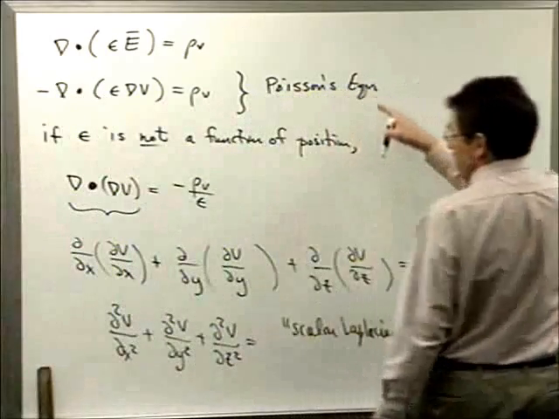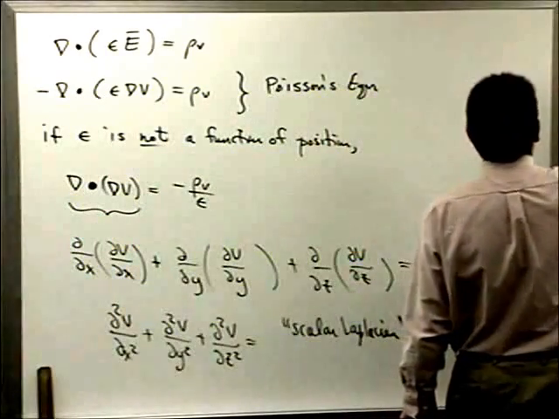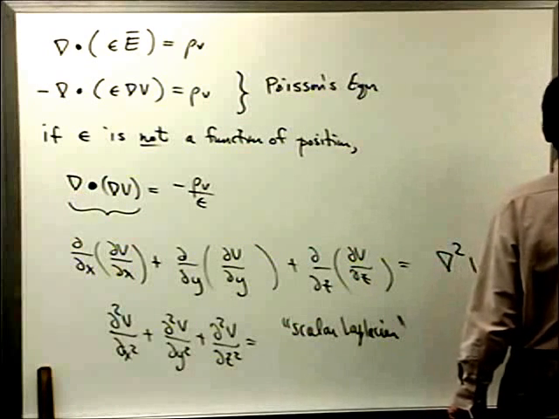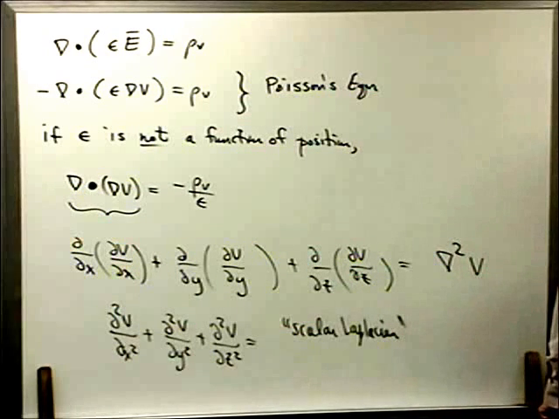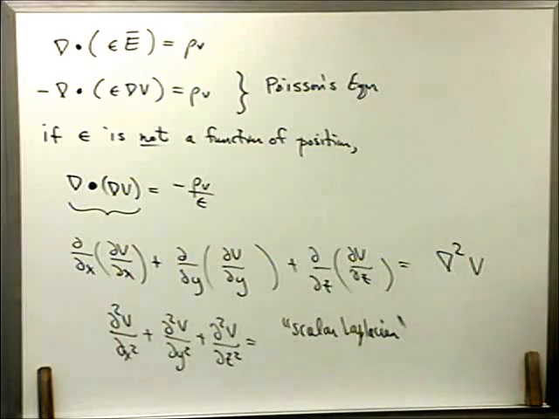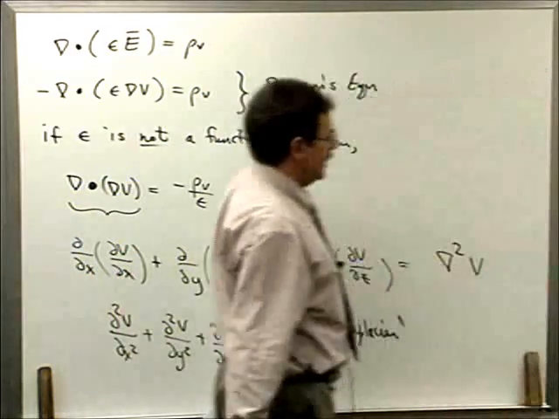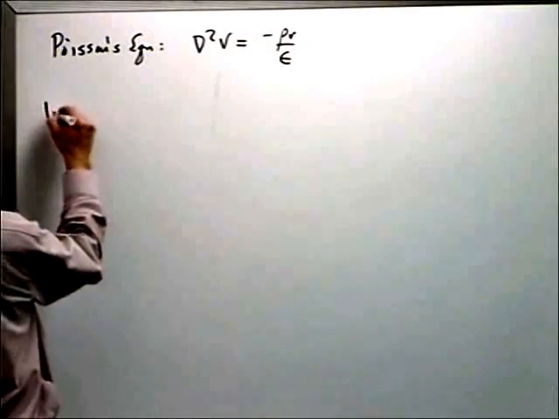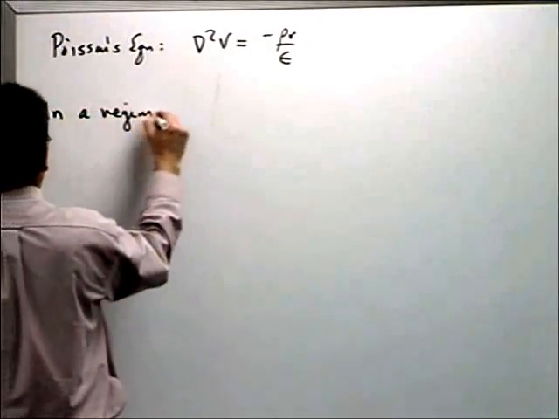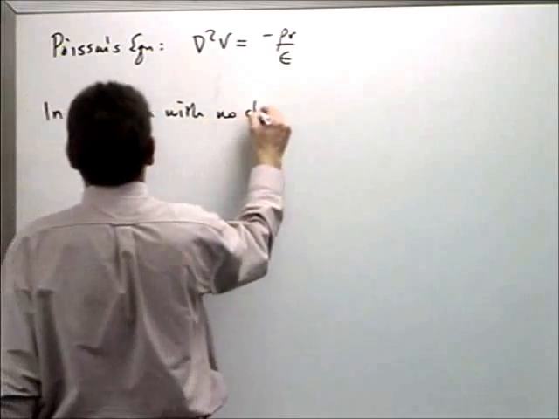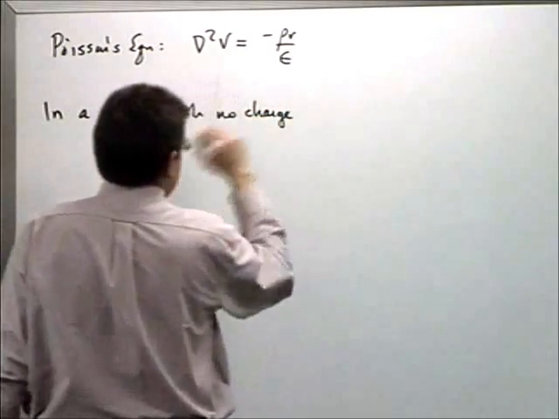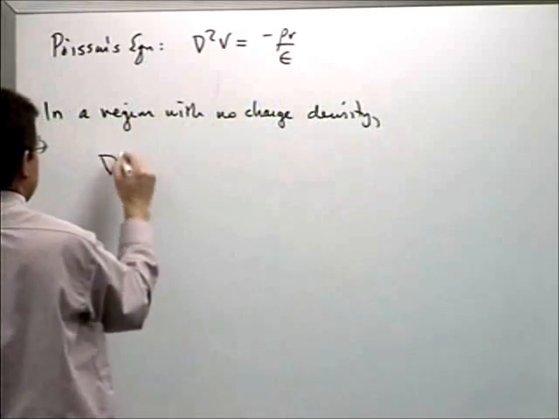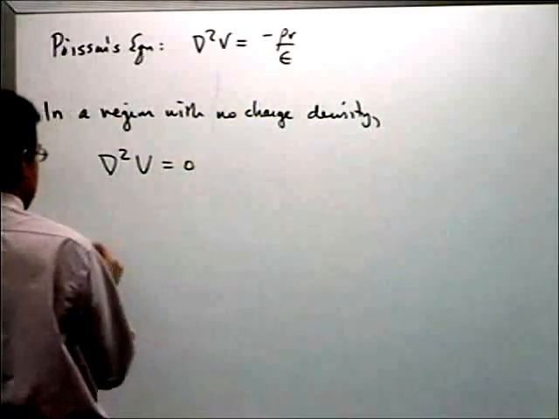So if we go back to this equation then, this gives us the ordinary form of Poisson's equation, which is del squared V is minus rho V over epsilon. And if you have no charge in a region, then the right-hand side goes to 0, and this becomes del squared V equals 0.